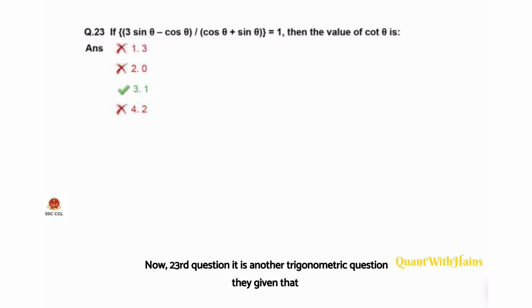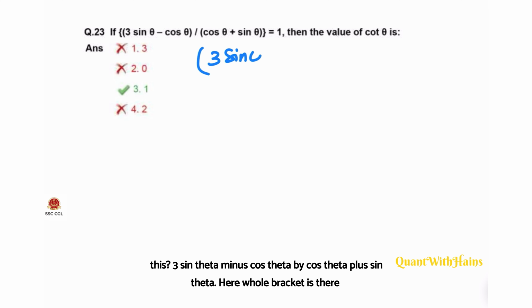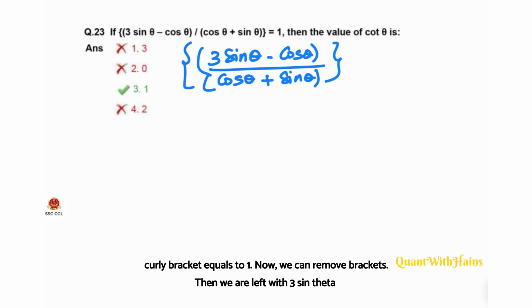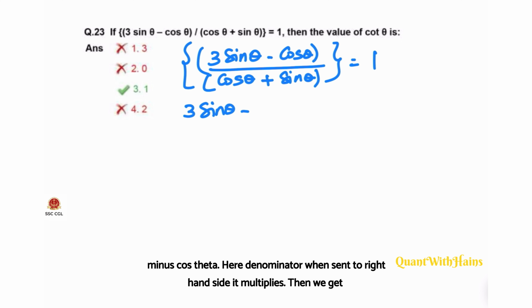They given that (3 sin theta minus cos theta) by (cos theta plus sin theta) equals 1. That means how do we write this? (3 sin theta minus cos theta) by (cos theta plus sin theta), whole bracket, curly bracket, equals 1. Now we can remove brackets, then we are left with 3 sin theta minus cos theta.